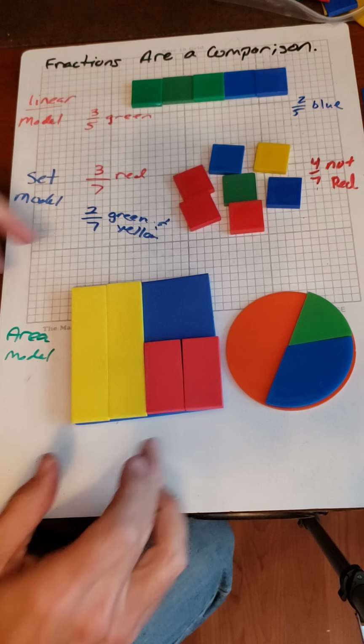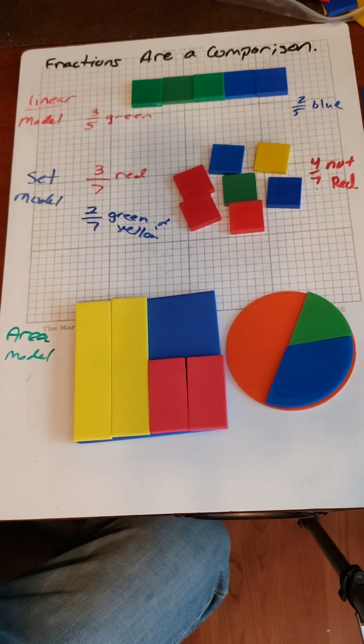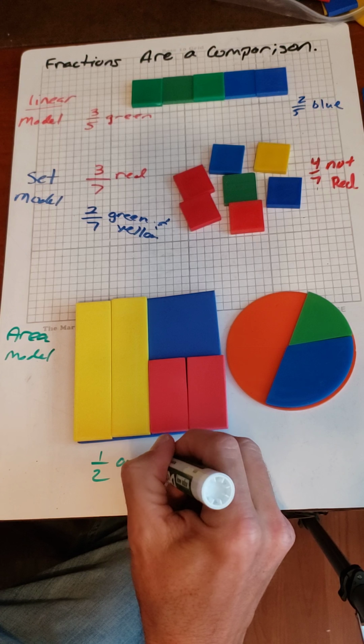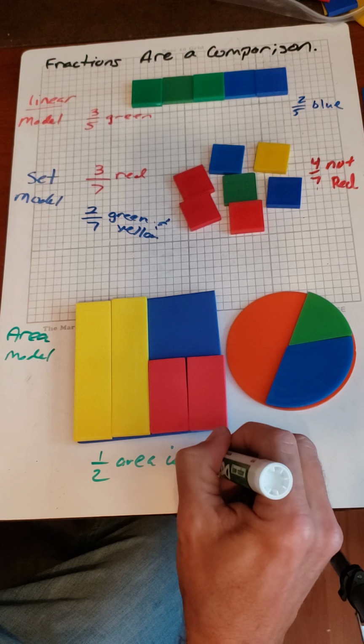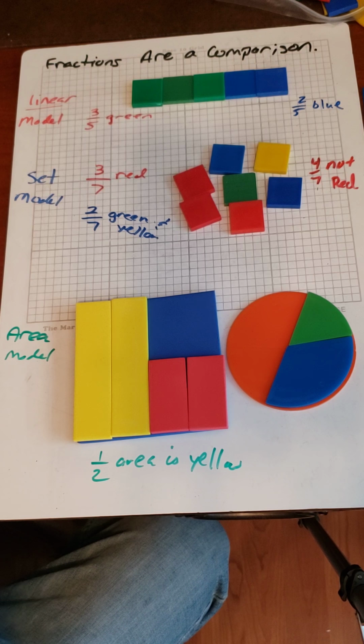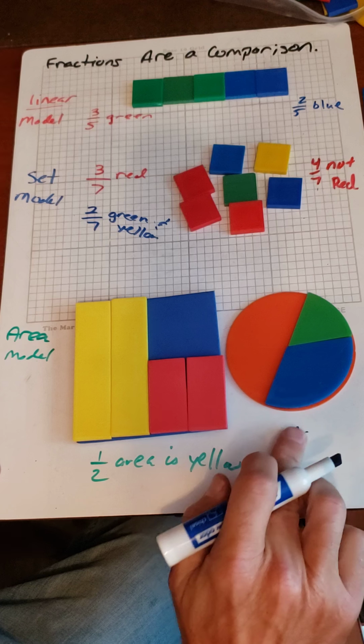So here for this first one, you might say it's half the area is yellow. 1/2 the area is yellow. Okay. Over here, you might say 1/3 of the area is blue.